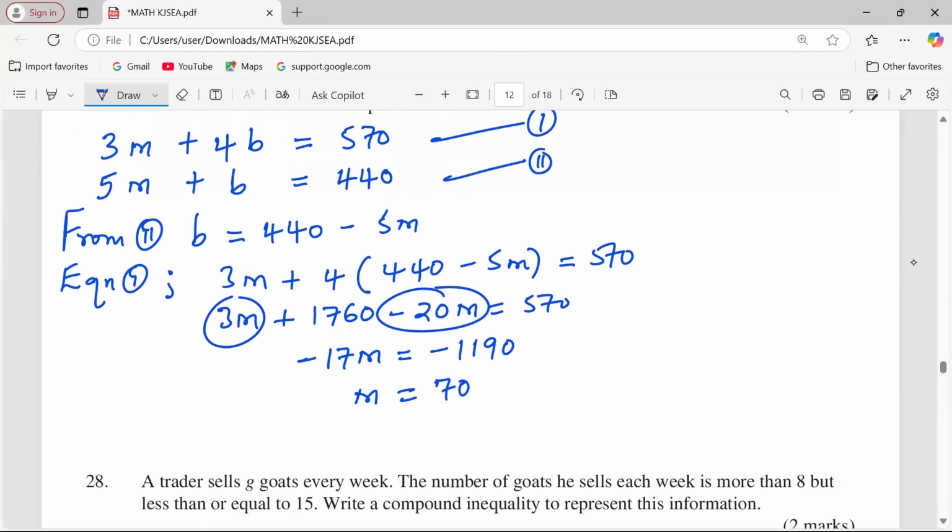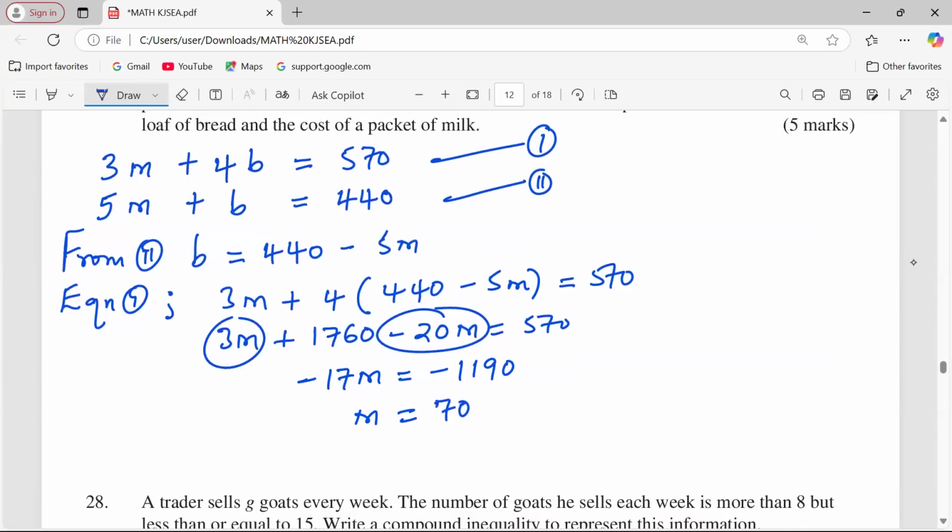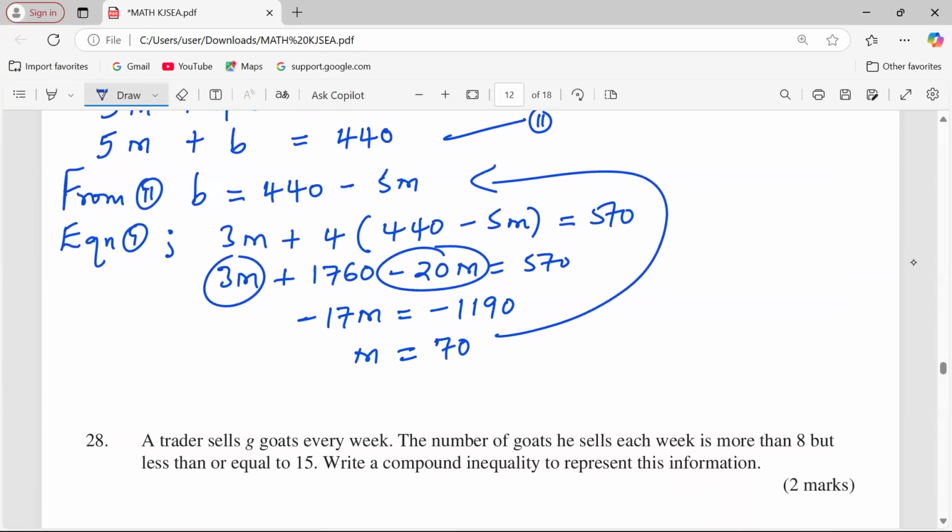If M is 70, now we can solve for the value of B. The value of B is 440 minus 5 into 70, and this will give us exactly 90.